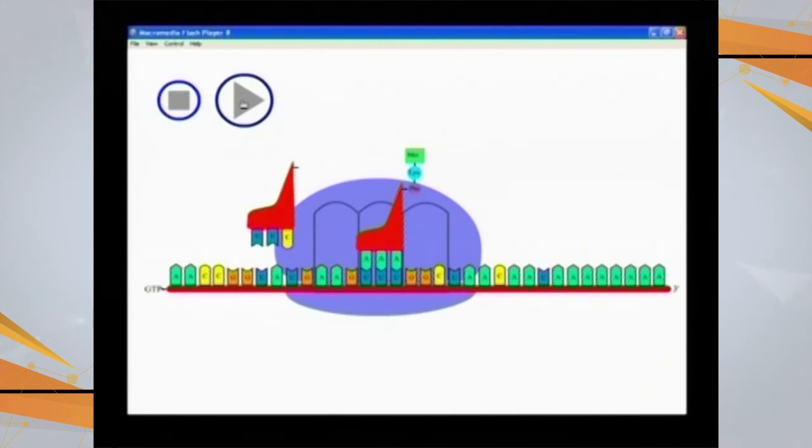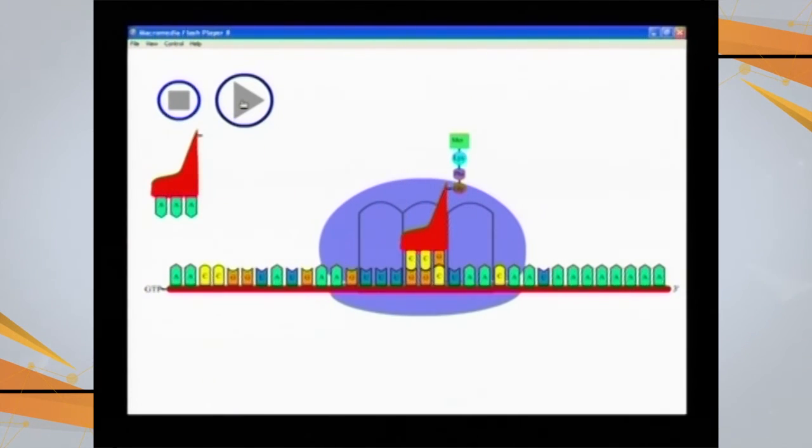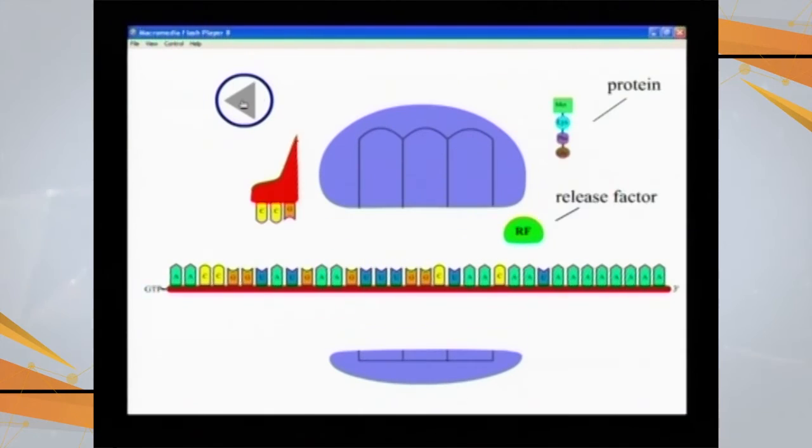Then it is further going to move, and this process continues with different amino acids according to the information coming from the nucleus. So this is a protein made up of specific amino acids in a specific sequence, and the release of this polypeptide chain occurs in response to a releasing factor, a stop factor, so that termination of the chain occurs.